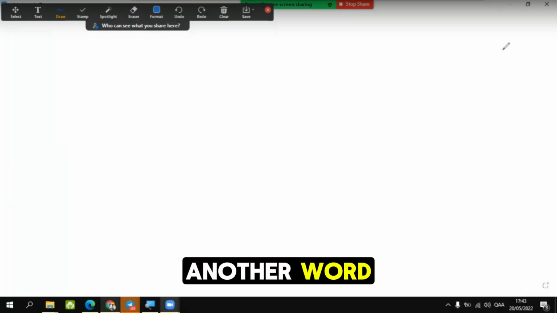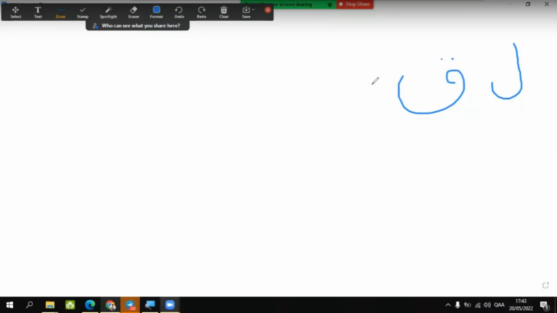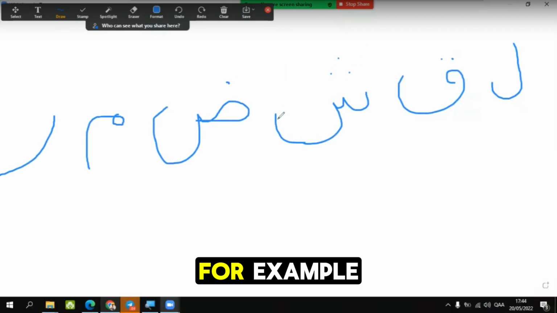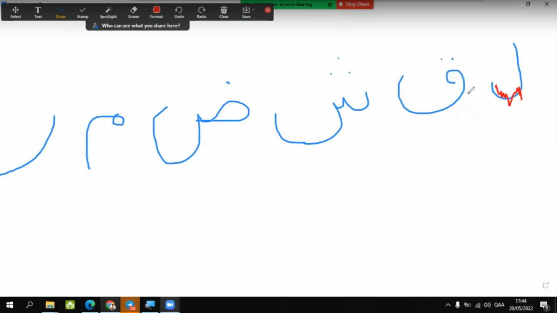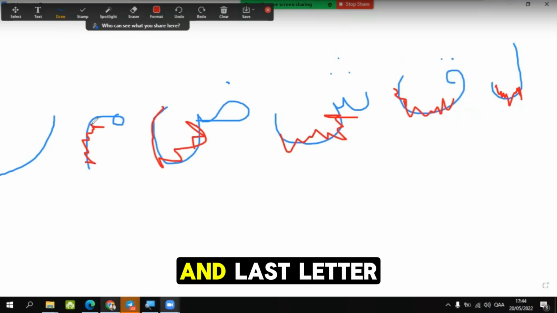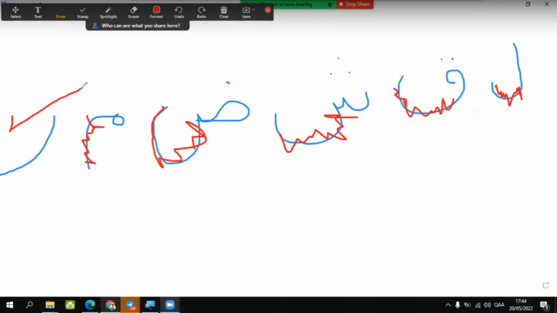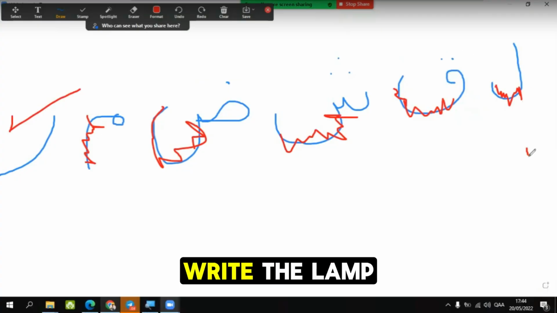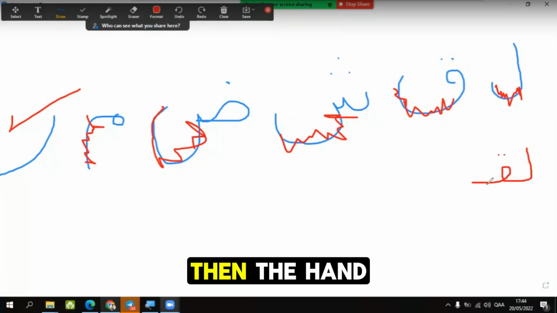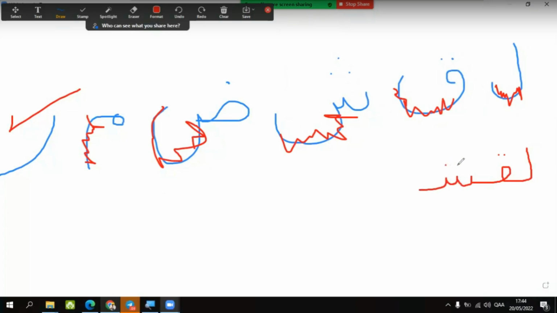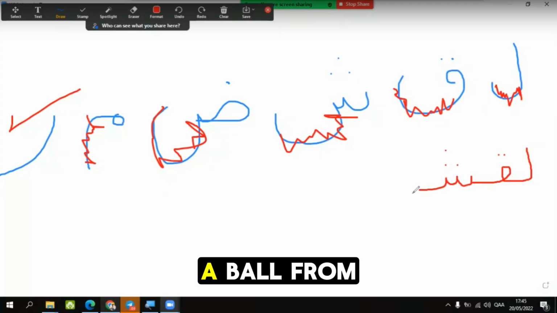So let's say we have another word. For example, that word, guys. Again, we go to the first step, and the last letter is always safe. When we try to write the word, we write the lam with the hand, which catches a qaf with the hand, then the hand of the qaf catches a sheen, which has a hand, and then the sheen catches a dot from the bottom.